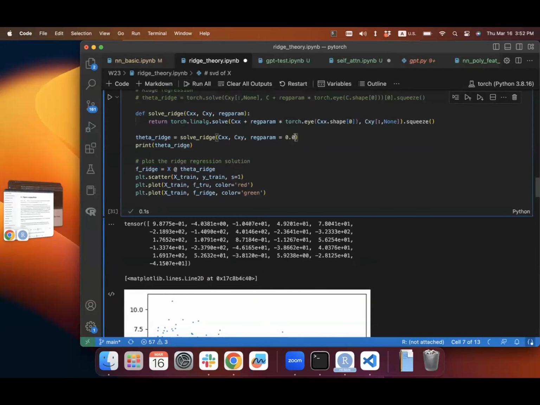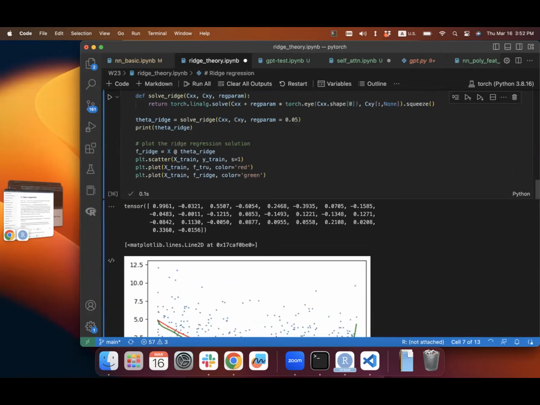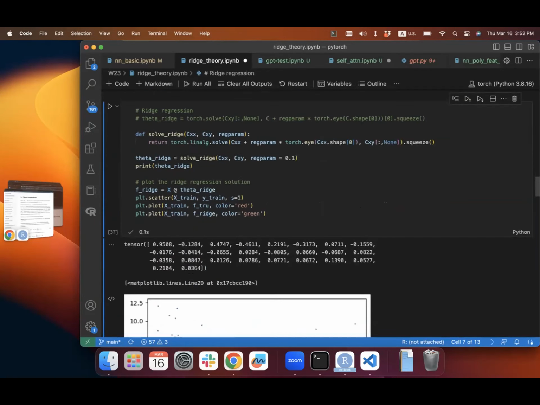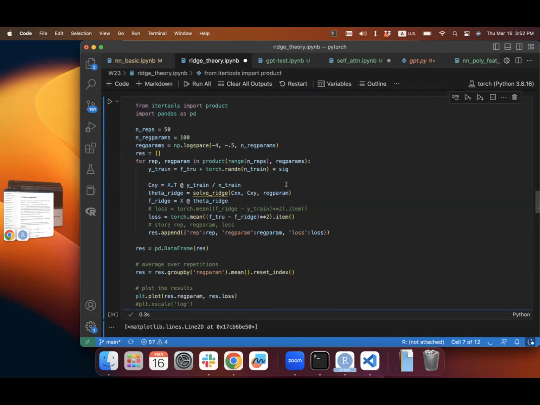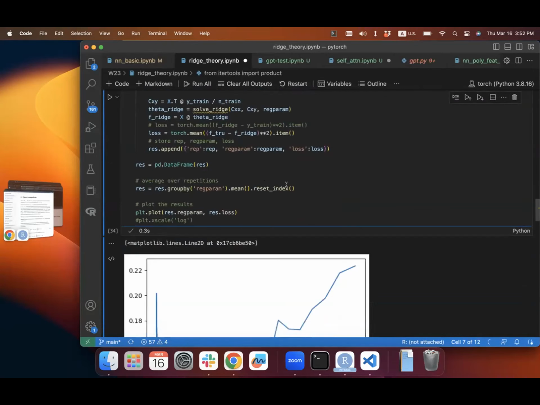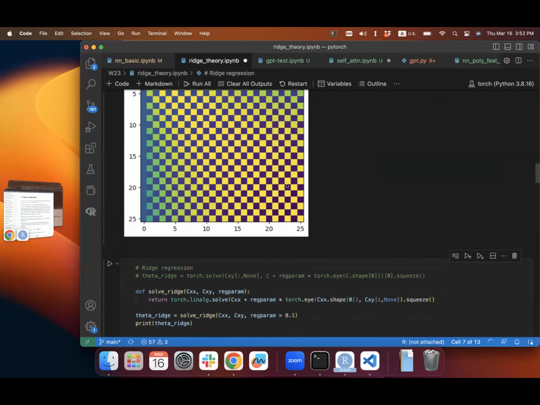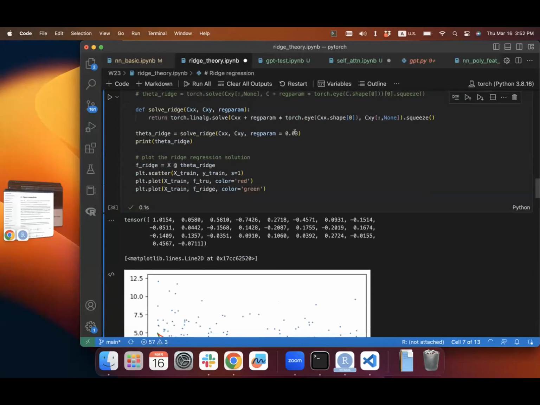So let's do 0.5 here. You can see you get closer, although it's slightly bad at the endpoint. It doesn't help that much. Maybe 0.03. I'm going to pay a price there.